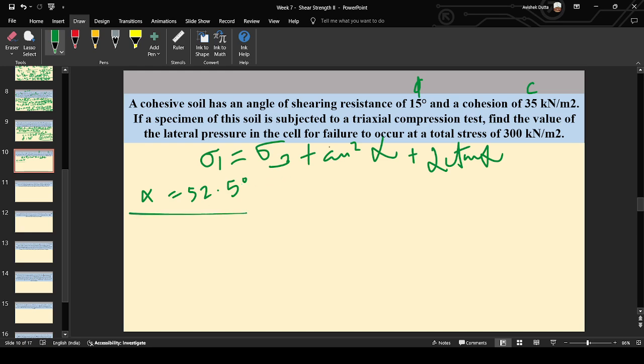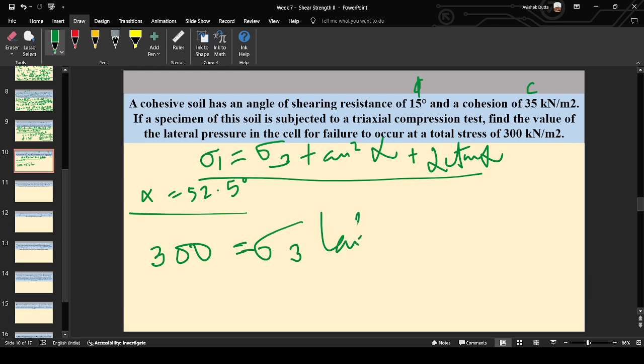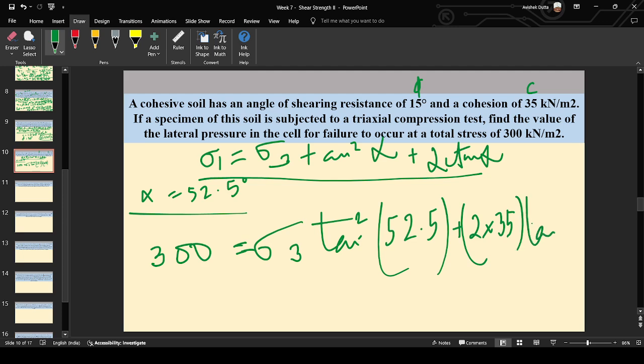Now using these values of alpha and c, what shall we get in this equation? Total stress of 300, that is sigma 1 equals to 300, equals to sigma 3 tan square 52.5 plus 2 into 35 tan 52.5.